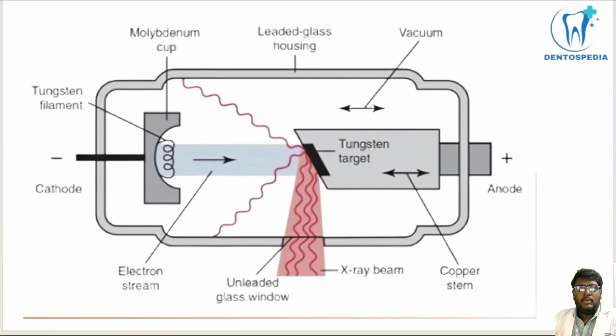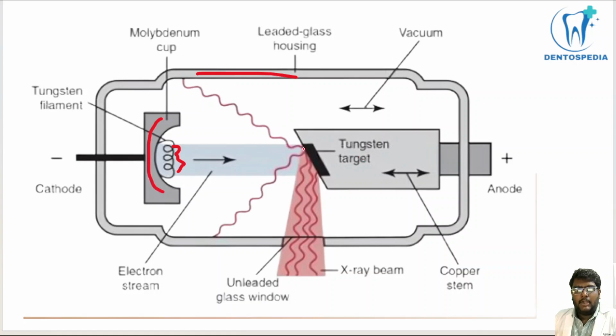So this is the outer leaded borosilicate glass casing, and we have the cathode here. This is the tungsten filament. This is the cathode. We have the molybdenum focusing cup.